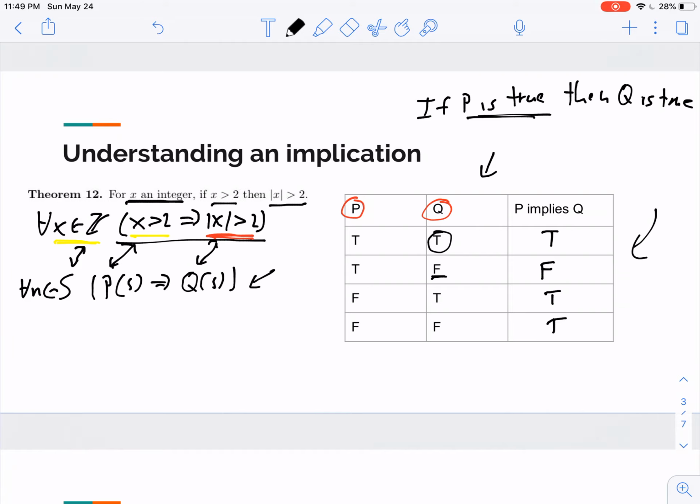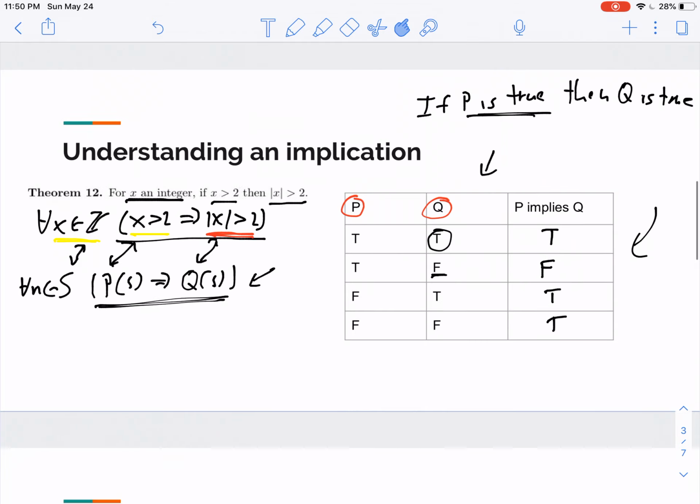We don't want to work with P and Q, we want to work with not P and not Q. So if we could take this parenthesized statement and rewrite it in terms of not Q and not P, but keep the exact same truth value, so we write some other statement using not Q and not P that is true and false in exactly the same cases as our original statement, then our new statement is logically equivalent to the old one, so we can just prove the new one.